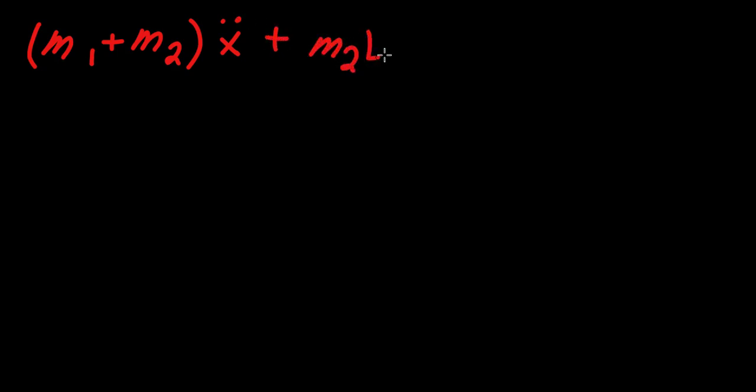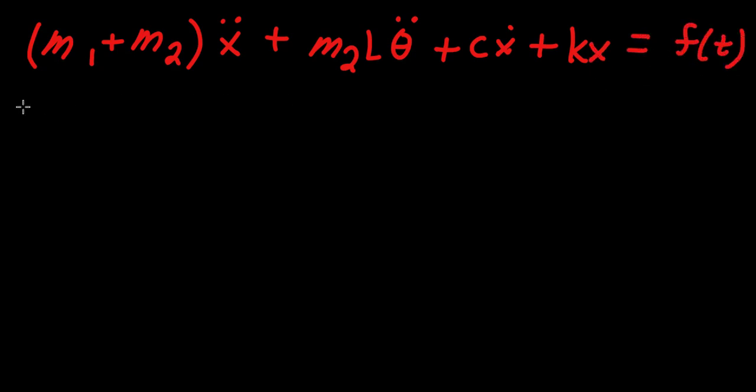Let's go ahead and work with our example that we had earlier so that we can use an actual physical example with MATLAB. I'm going to write out these equations again. (m1 plus m2) times x double dot plus m2 l theta double dot plus c x dot plus k x equals f of t.